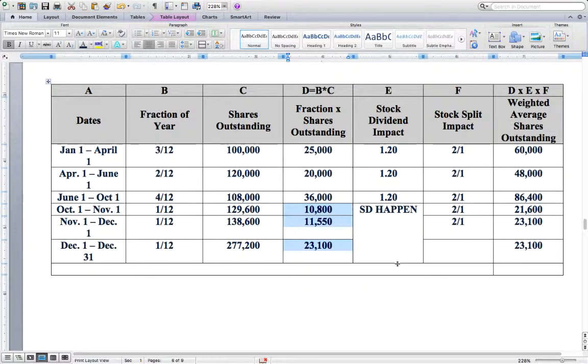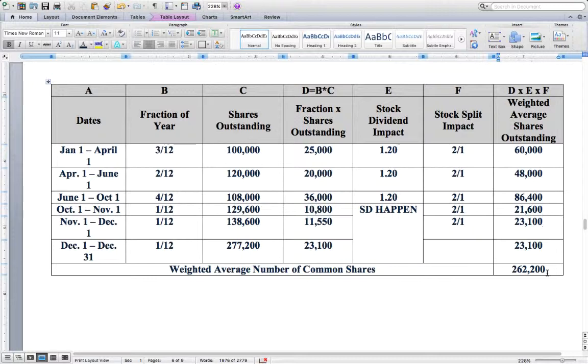So before we get to the end game here with the weighted average number of shares, which is 262,200, which is going to be the 60,000 plus the 48,000 plus your 86,400 plus 21,600 plus 23,100 and plus another 23,100, and that gives you 262,200.